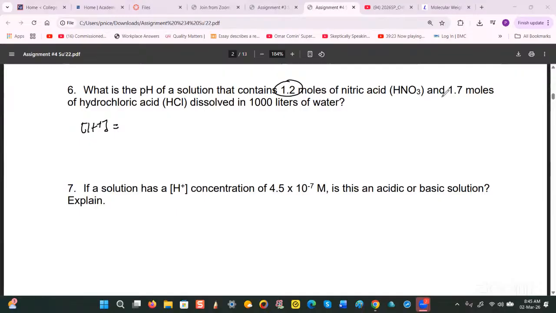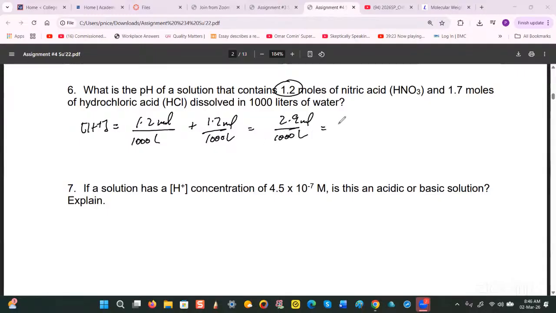Okay. So you're saying divide 1.2 moles divided by 1,000 liters. Okay. So this gives a total of 2.9 moles divided by 1,000 liters.